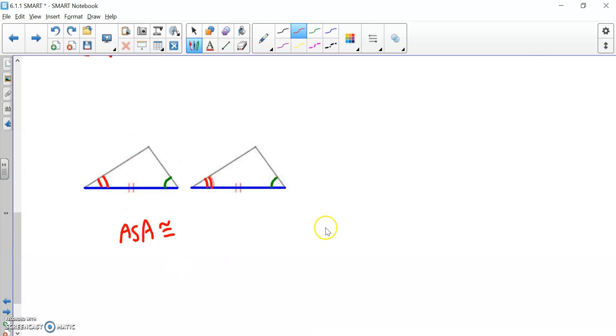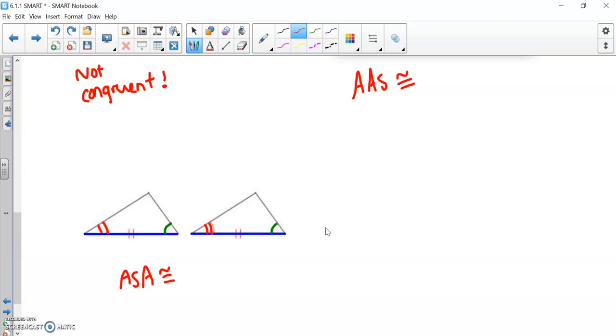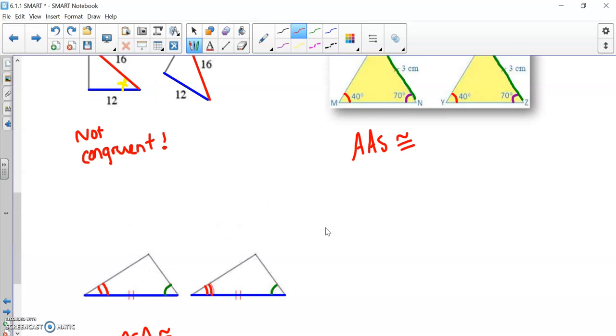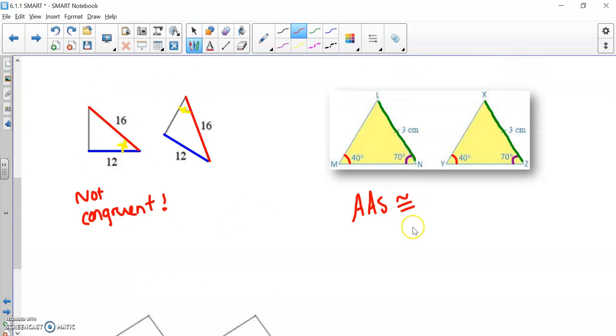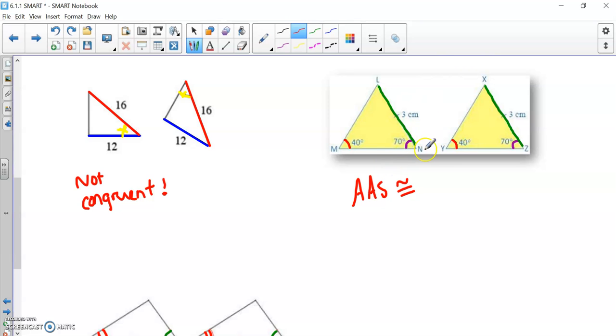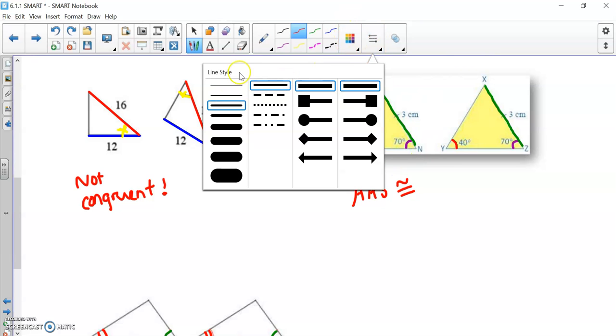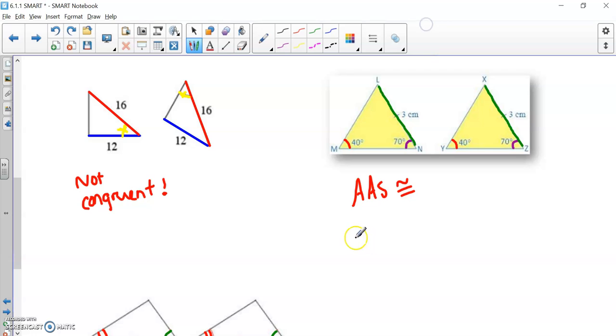All right, there is one thing I want to mention. I forgot to do it in this last problem, so I'm going to go back and do it now. If we wanted to write a congruence statement for these triangles, we did that in similarity, so I want to show you how it's done here. It's the same exact thing, in fact. If I were to name this first triangle, we can call it triangle LMN, and say LMN is congruent to this triangle.